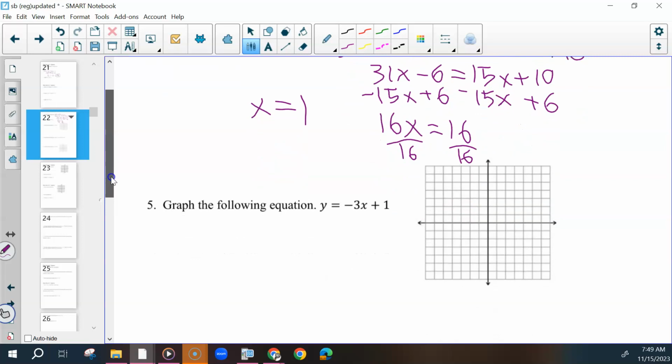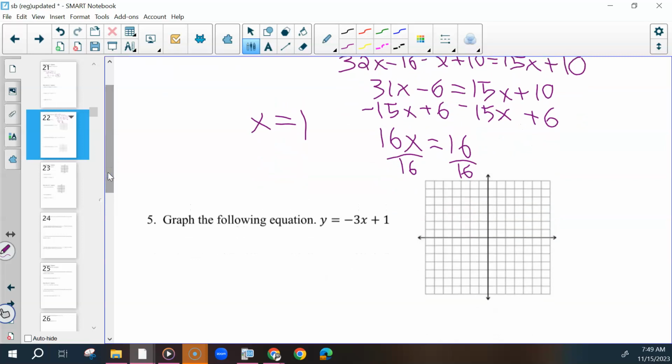Number 5, you should have graphed this directly onto your answer sheet. Start at your y-intercept of 1. Your slope is -3 over 1. So you can go up 3 and to the left 1 as many times as possible. You should be filling up your graph. Down 3 to the right 1 as many times as possible. There would be technically another point right here, but you didn't need that one.